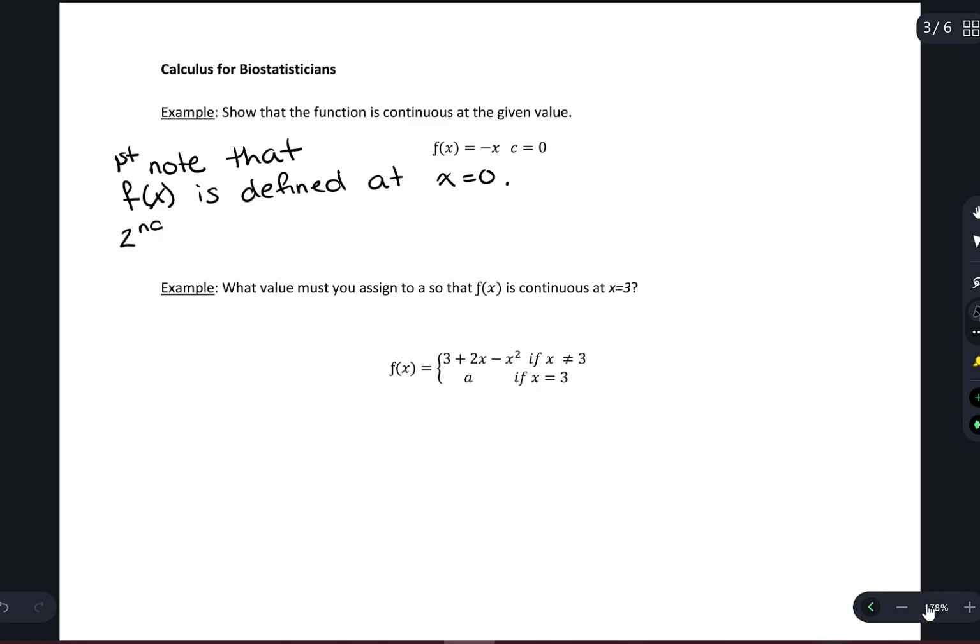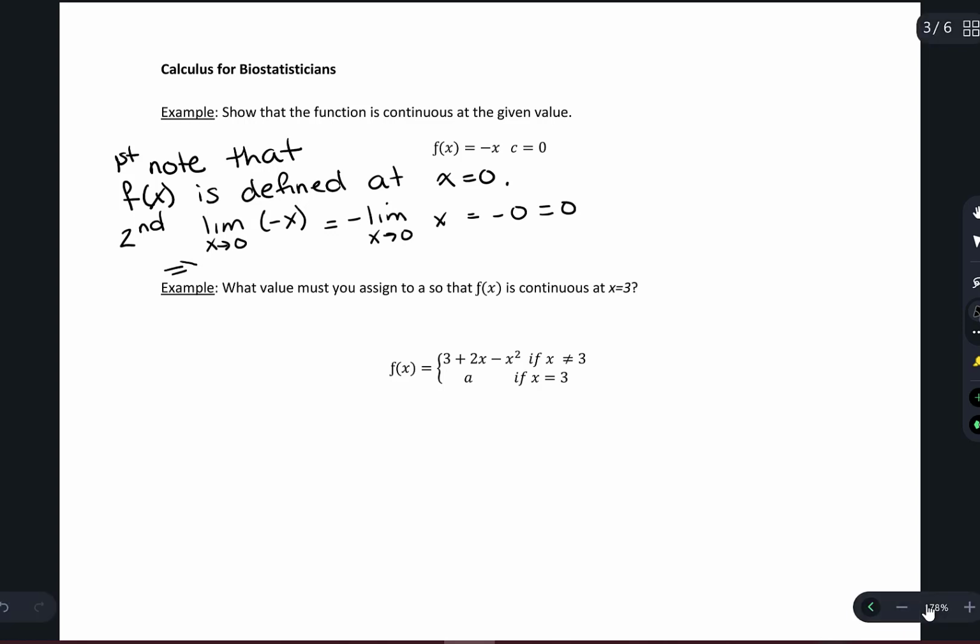So next, we could use our limit laws. Notice if I'm interested in the limit as x approaches 0 of negative x, because negative x is my function here, using the limit laws that we've seen previously, this is equal to negative the limit as x approaches 0 of x. So that's going to be equal to negative 0, which is equal to 0.